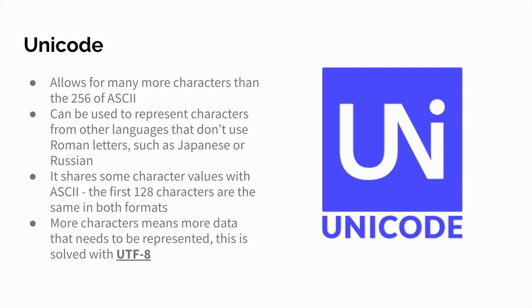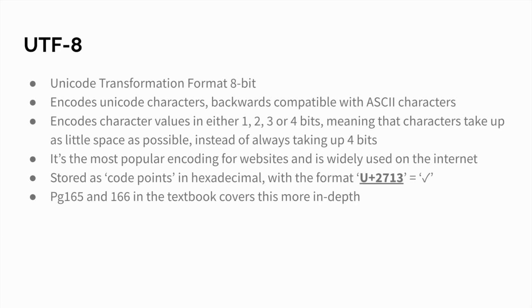More characters means we need to represent more data, which means that we could end up using these massive binary values. So how do we solve this? How do we stop ourselves from transmitting unnecessary data and taking up unnecessary bandwidth? Well, we solve this with UTF-8 encoding. So this stands for Unicode Transformation Format, and the 8 stands for 8-bit.